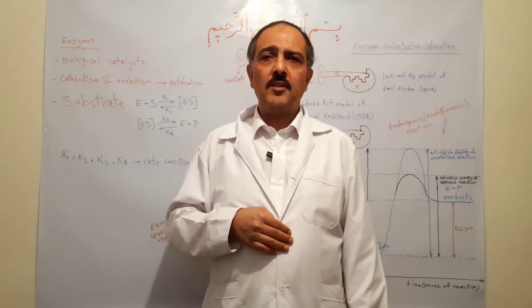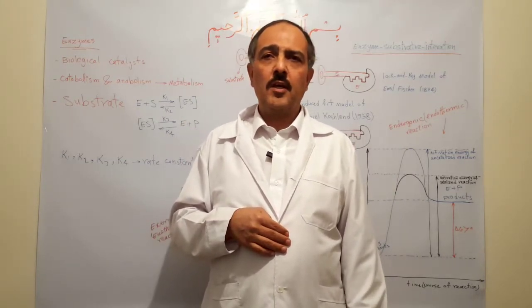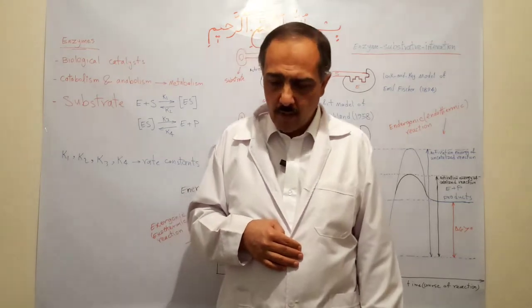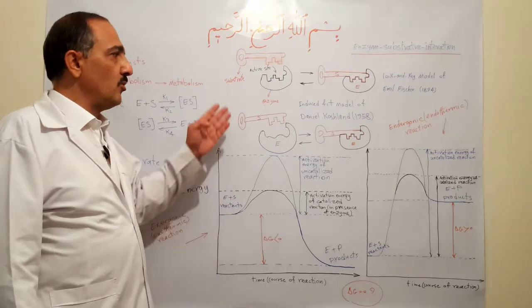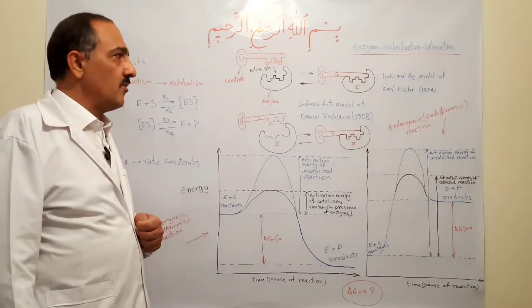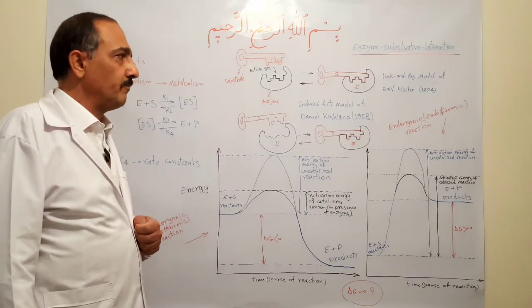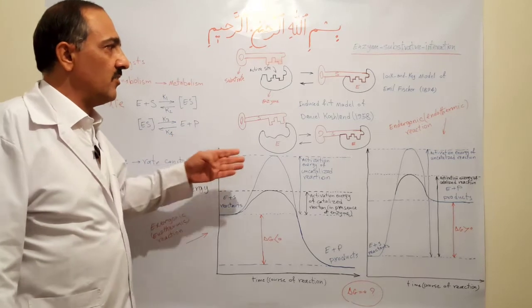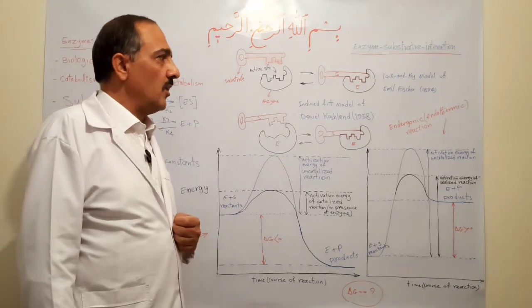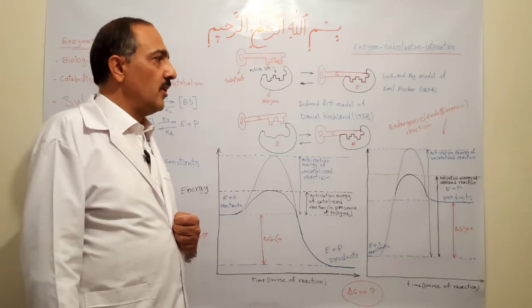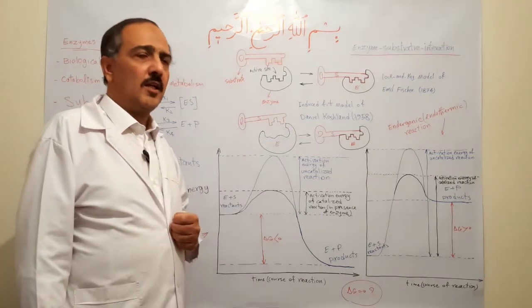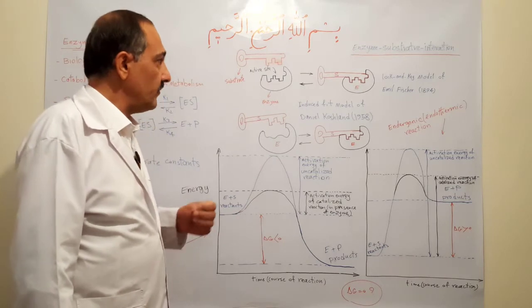But how does an enzyme interact with a substrate? Two models have been proposed for enzyme-substrate interaction. The first model is the lock and key model, which was proposed by Emil Fischer in 1894.